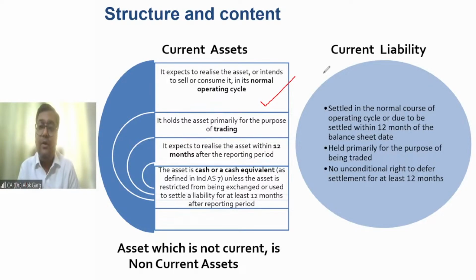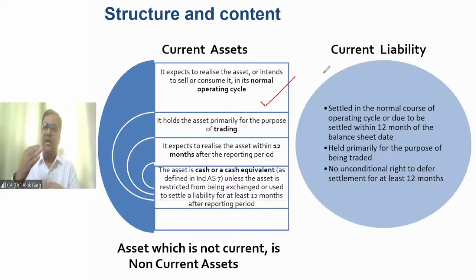Why? Because the asset is something which is going to be realized from outsiders, from third parties. Liability is something which originates from inside the company. The company has to pay. So if the expectation were shown on the liability side also, then probably the management will start playing.